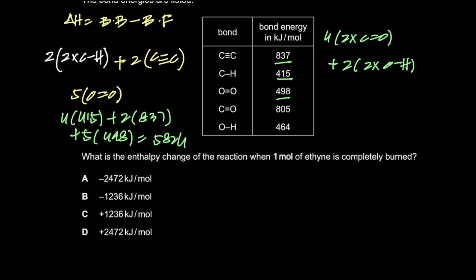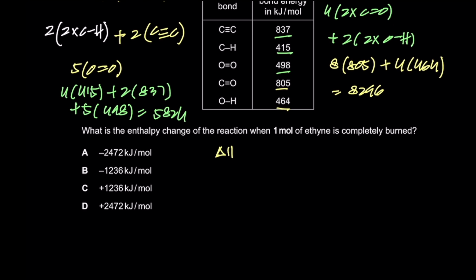And for the bonds formed, 4 times 2 is 8. 8 times C double bonded to O, which is 805. So 8 times 805 plus 2 times 2 is 4, so 4 times O-H. O-H is 464. What do we get? 8 times 805 plus 4 times 464 is 8296. So 8296 is the energy given out.